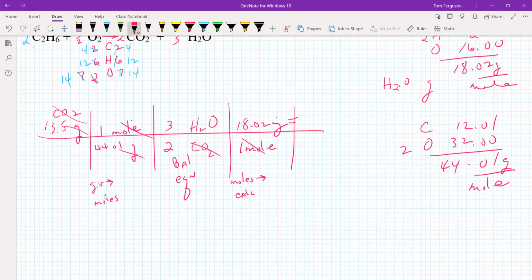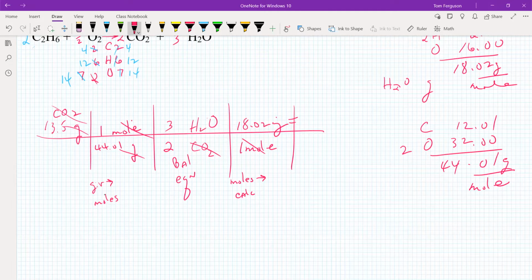And we grind this baby out. Now, when we calculate this, we're going to multiply everything on the top, divide everything on the bottom. So that's 13.5 times 3 times 18.02 divided by 44.01. Hit the divide key again, because there's another one on the bottom, by 2.